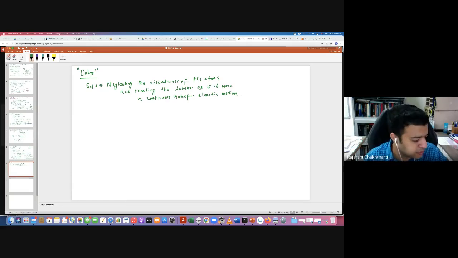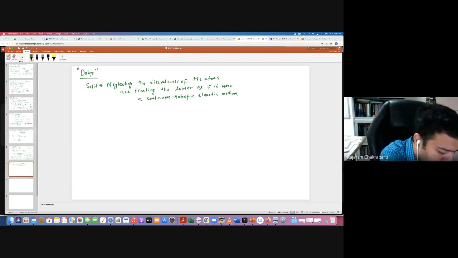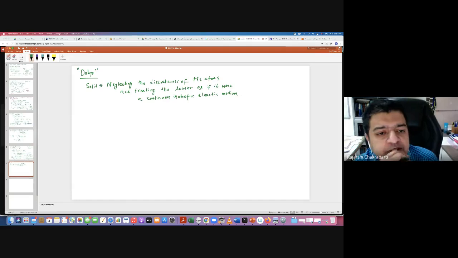How many of you knew this? How many of you heard about Debye's treatment of heat capacity of solids? I don't know whether you guys know. So do you get the statement?